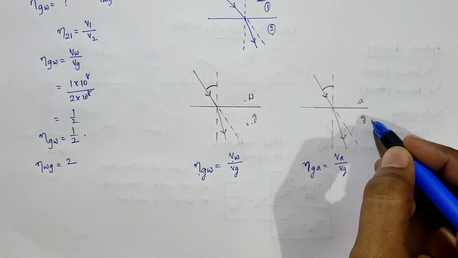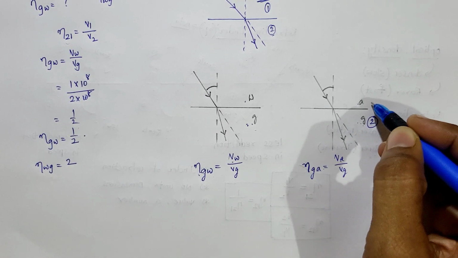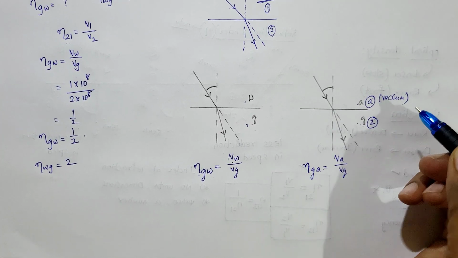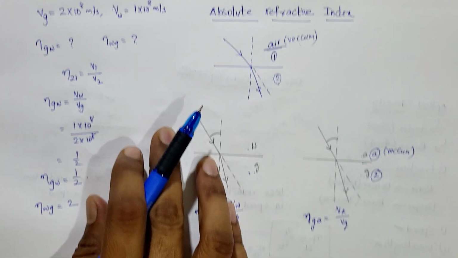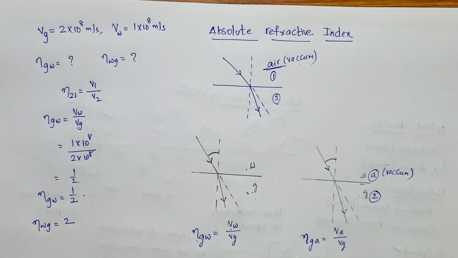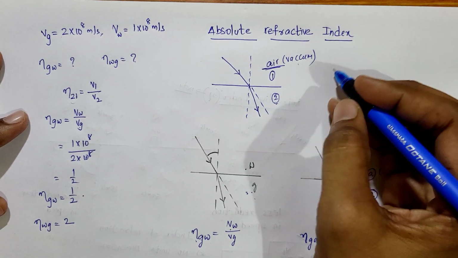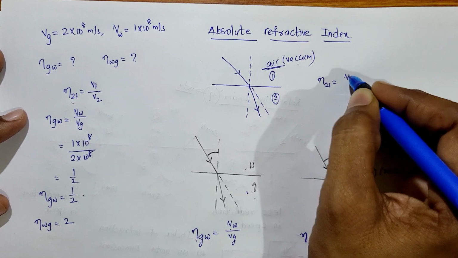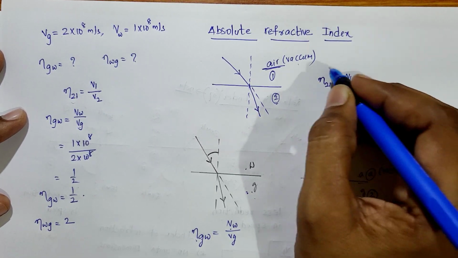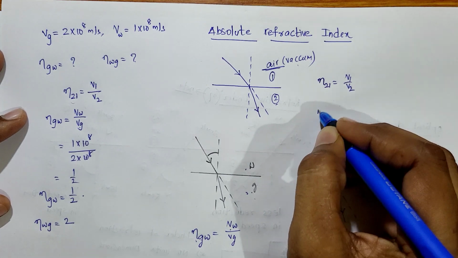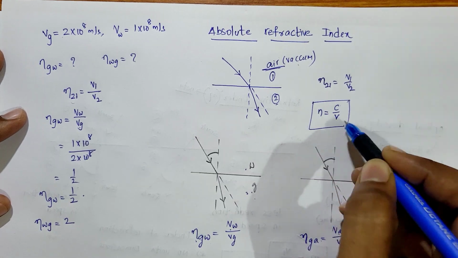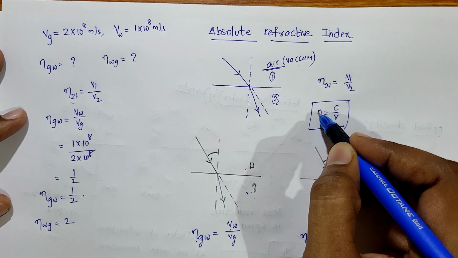So any second medium, if you are measuring with respect to air or vacuum, then that refractive index we call absolute refractive index. What is the formula for this absolute refractive index? We know the formula for refractive index is N21 is equal to V1 divided by V2. This formula is reformed as N is equal to C divided by V. What is N? N is the refractive index of any particular medium.